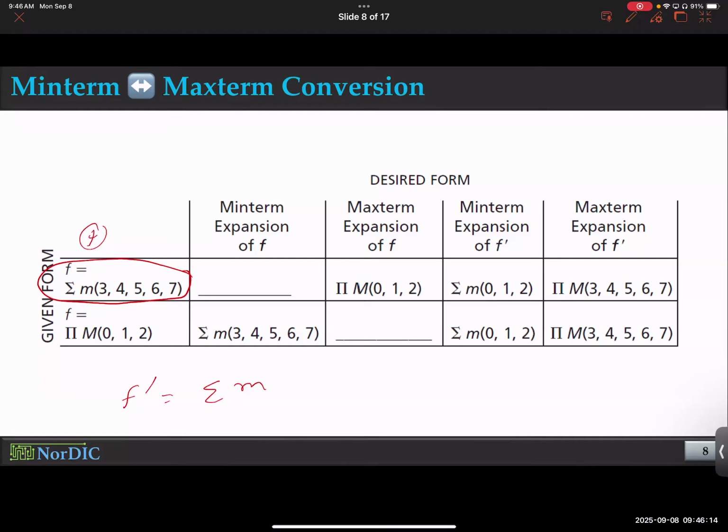Remember, an invert of a function is wherever you have 1, you're going to have 0, and wherever you had 0, you'll be having 1. So whatever term was missing in the original min term expression will be available in the complementary function. So if you have 3, 4, 5, 6, 7, for its prime, you'll have 0, 1, 2. As simple as that.